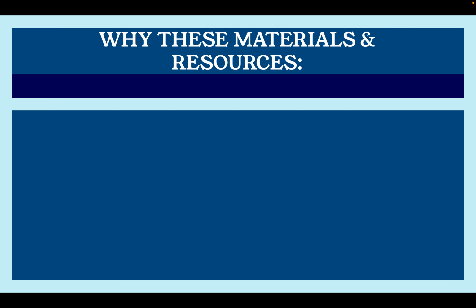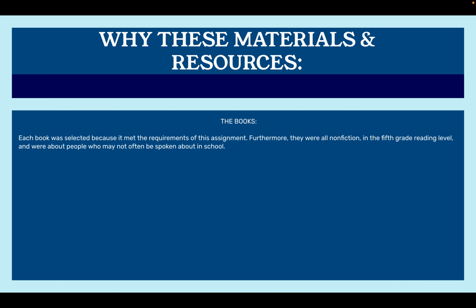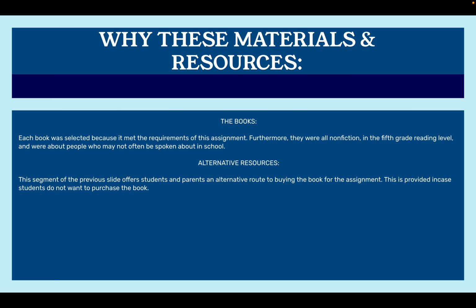Why these materials and resources? The books. Each book was selected because it met the requirements of the assignment. Furthermore, they were all nonfiction at the 5th grade reading level, and they were about people who may not be often spoken about in school. The alternative resources.